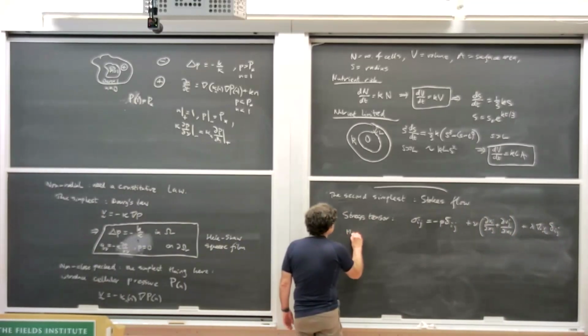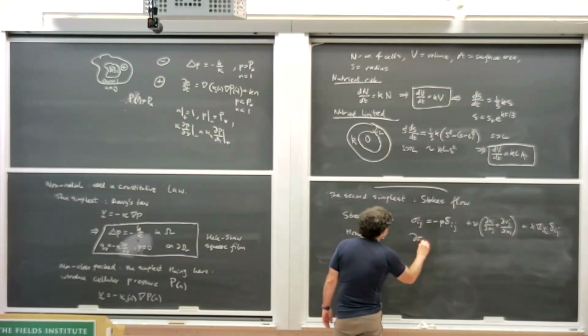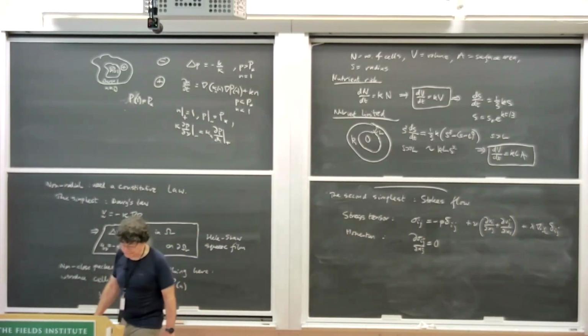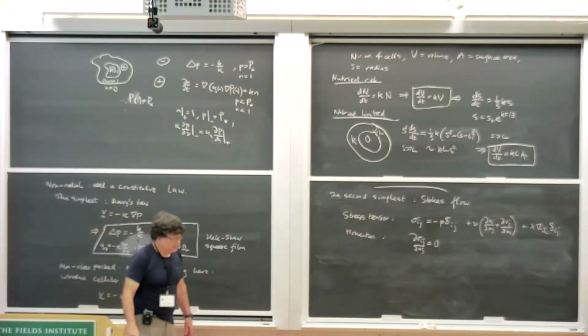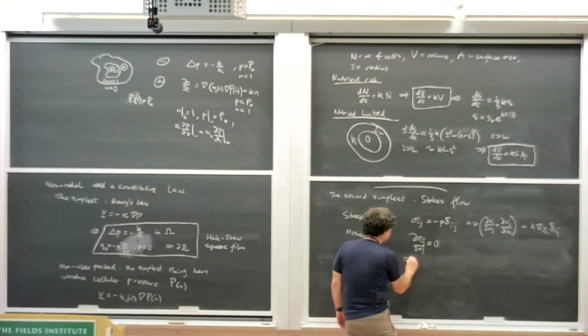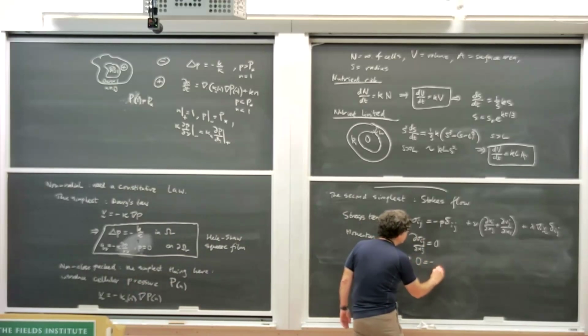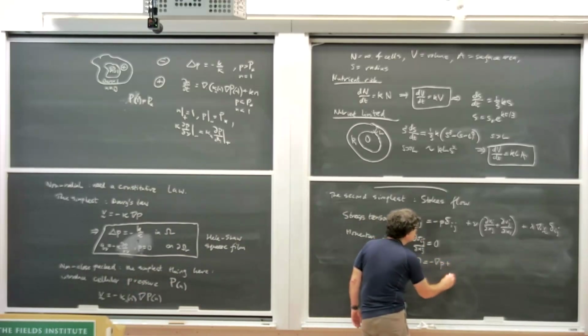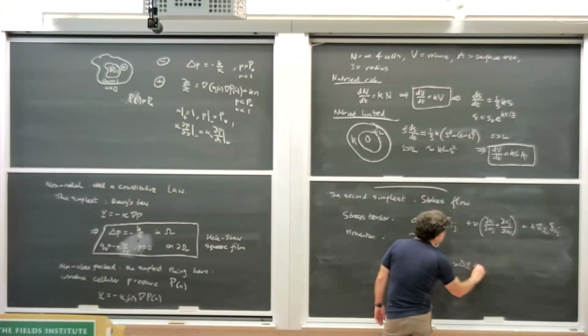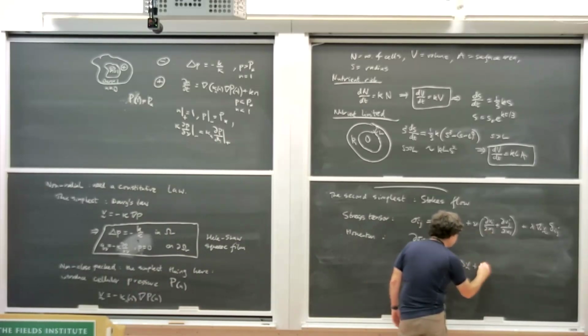So the momentum equations, with negligible inertia, d sigma ij by dxj is equal to 0. And then the rest is the same as before, I guess. But I've got to tell you what stress conditions I'm going to worry about. So if I combine those two in the usual way, there's minus grad P plus nu Laplacian of V. And then you get two divergence bits because you get something from there.